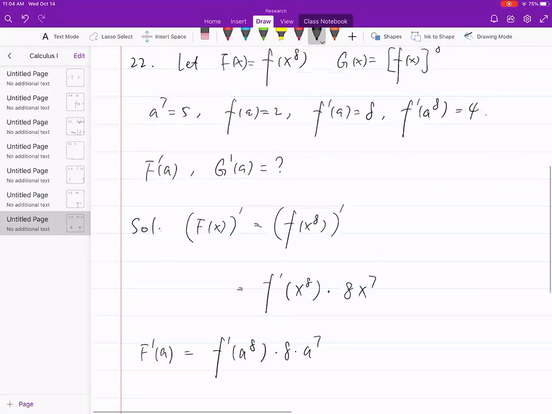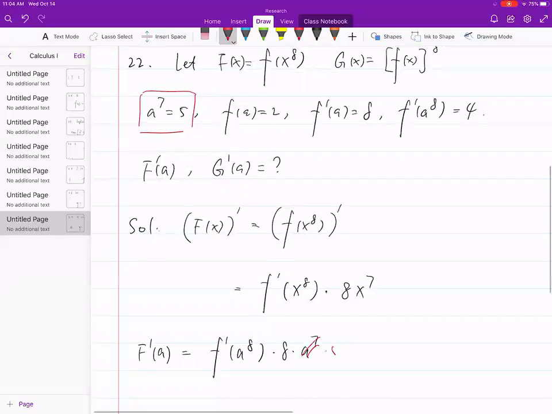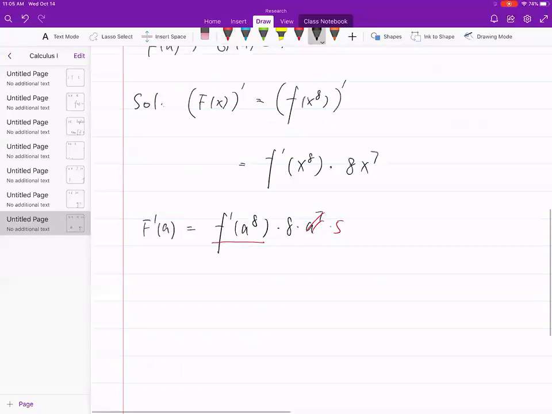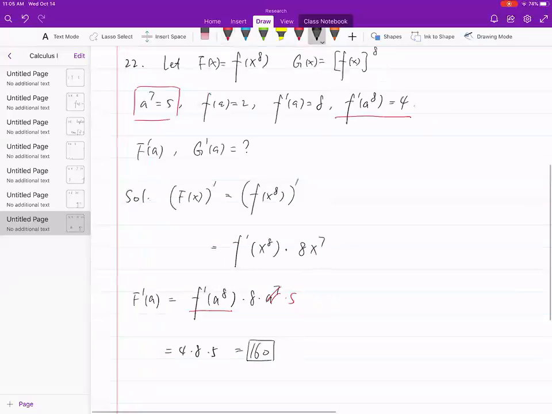And go to the resource, a to the 7 is 5. A to the 8, you don't know, but f prime a to the 8 is 4. So 160. That will be the first one.